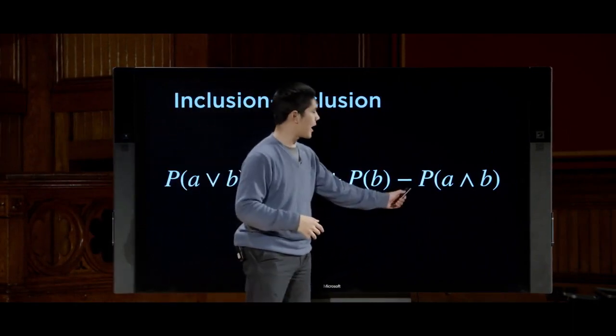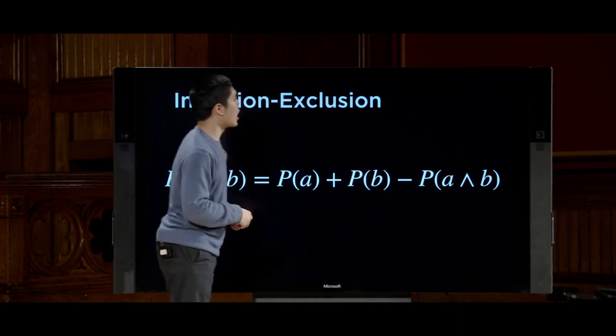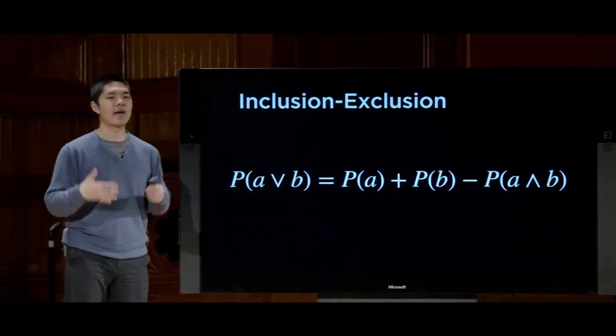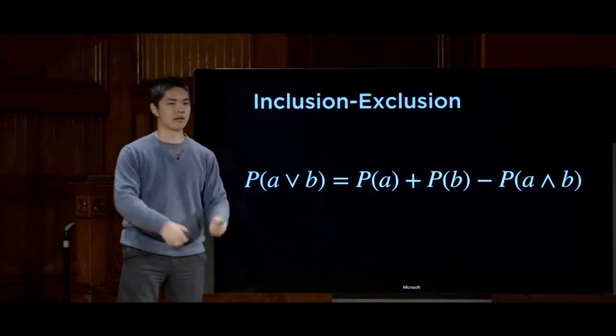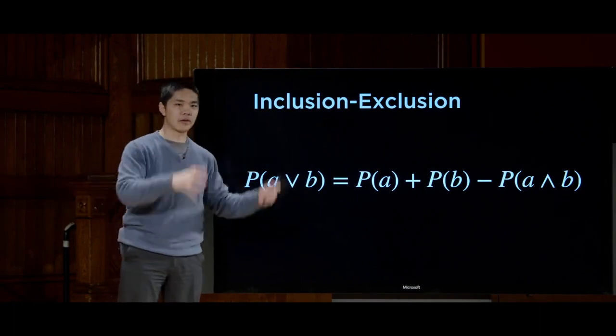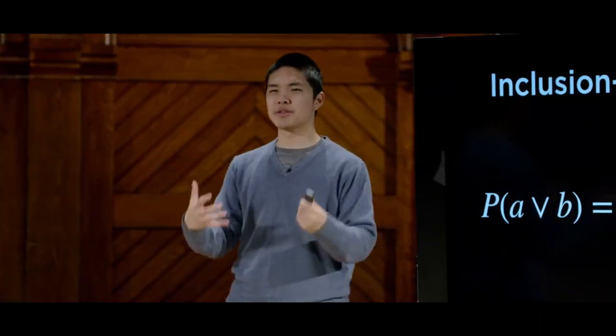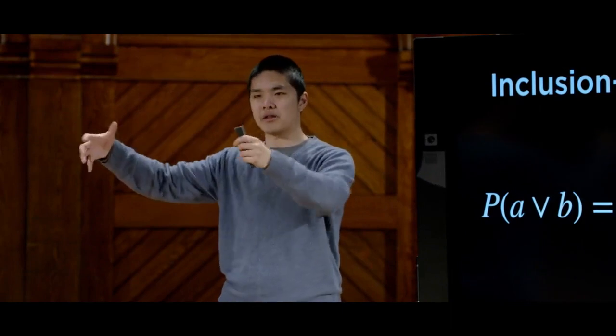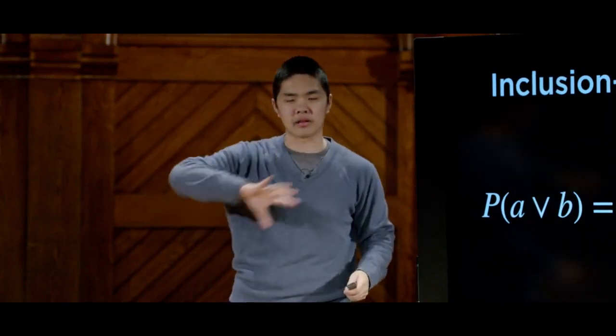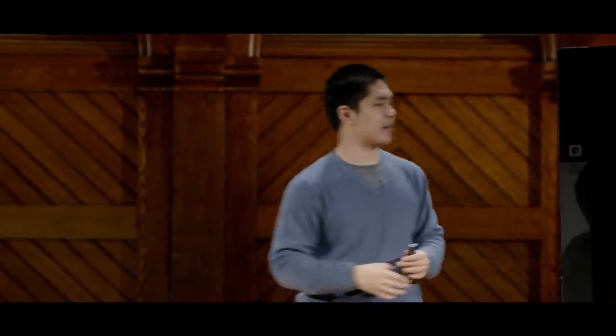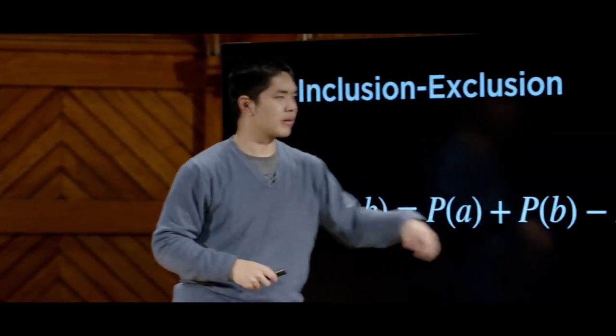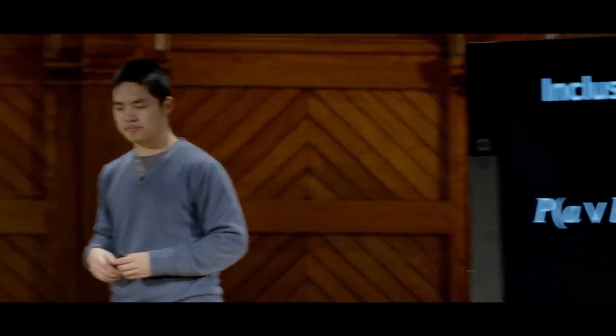So I subtract from that the probability of A and B. And that gets me the result for A or B. I consider all the cases where A is true and all the cases where B is true. And if you imagine this is like a Venn diagram of cases where A is true, cases where B is true, I just need to subtract out the middle to get rid of the cases that I have overcounted by double counting them inside of both of these individual expressions.